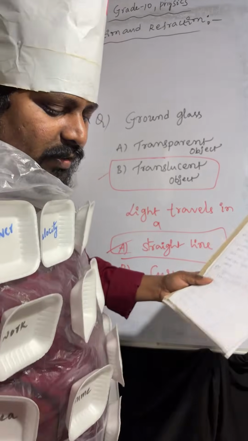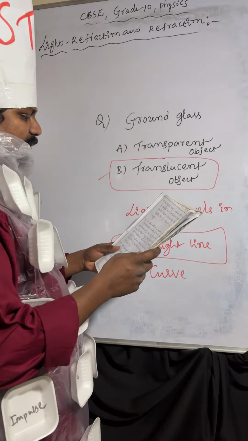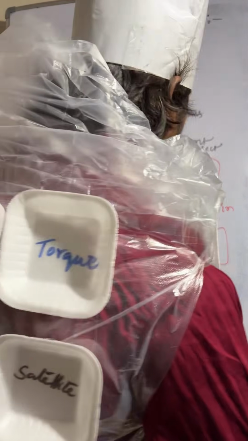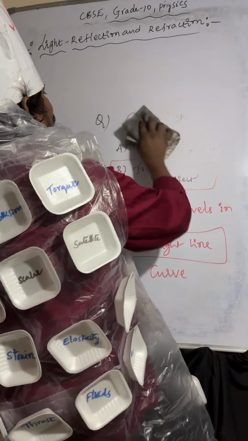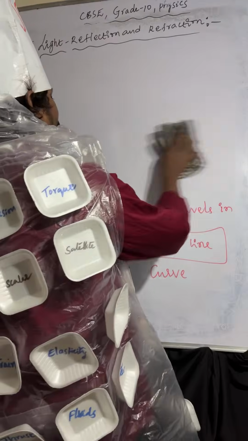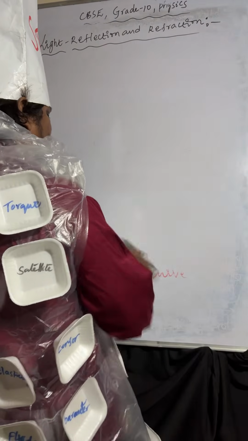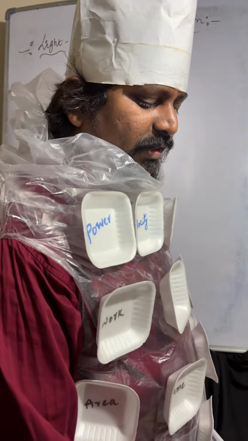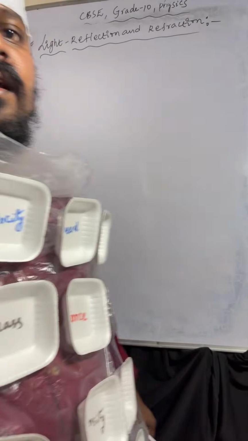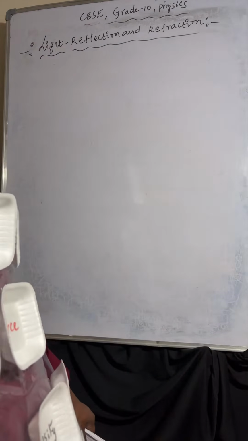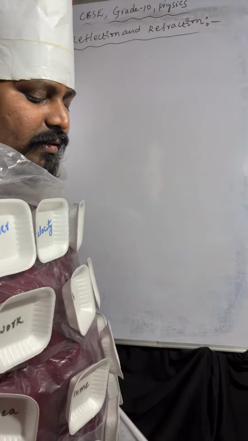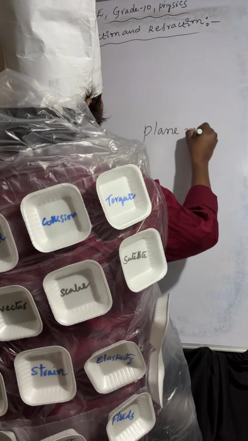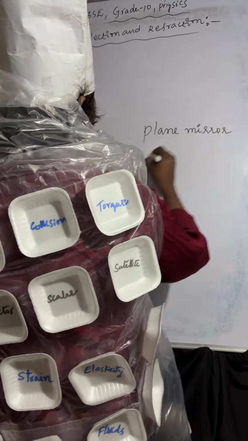One more question. On a plane mirror, what type of image will form? Option A, real image.